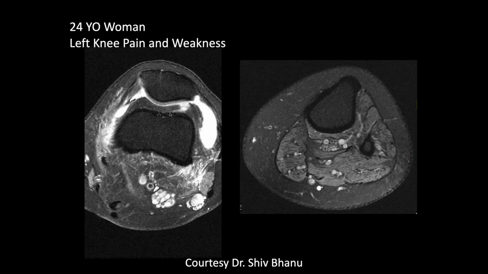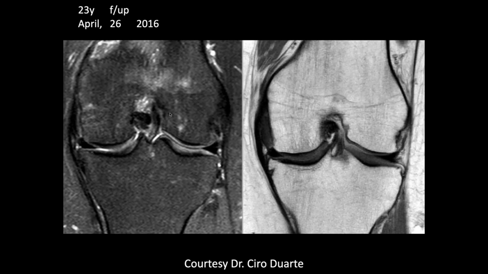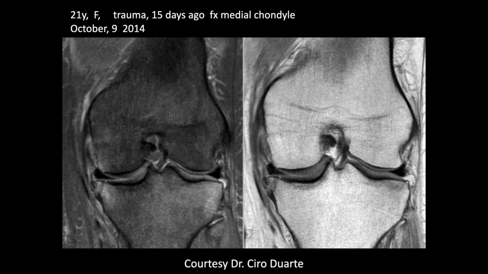John? Yes. On the initial images, I don't see any trauma to the lateral side, maybe a little trabecular bone injury. Edema. Yeah, I would expect quite a bit more, wouldn't you?